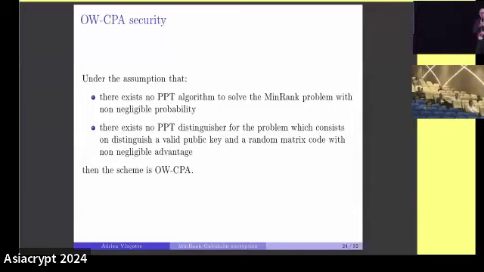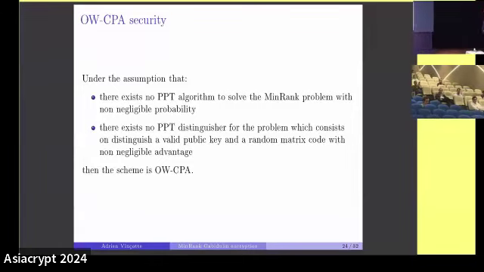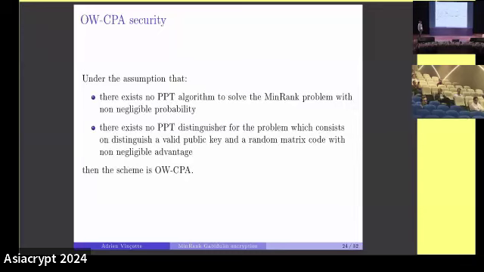Any other questions? I have another question. I think in the past there were some proposals for variants of McEliece using Reed-Solomon codes over the Hamming metric.